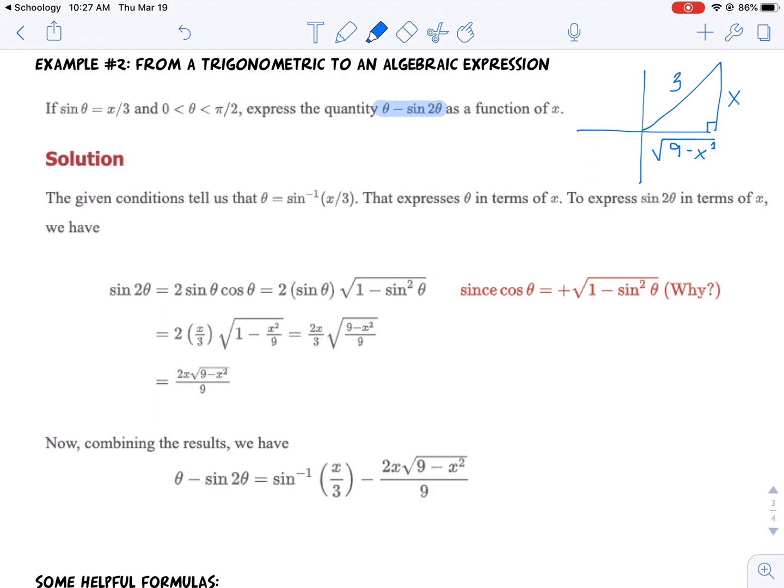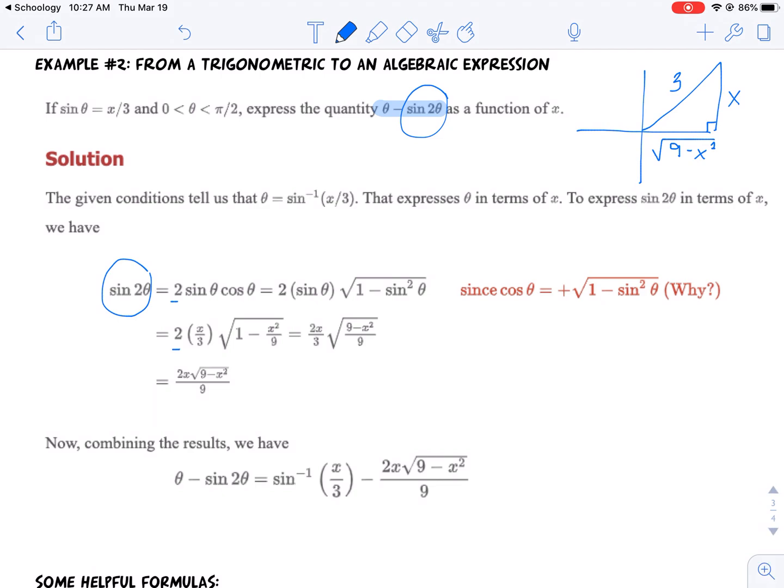Okay, so sine, here we go. So we're going to start with this portion right here, sine of 2 theta. So sine of 2 theta, using our formulas from our half sheet or Schoology, is 2 sine theta cosine theta. Well, I know 2 is 2.